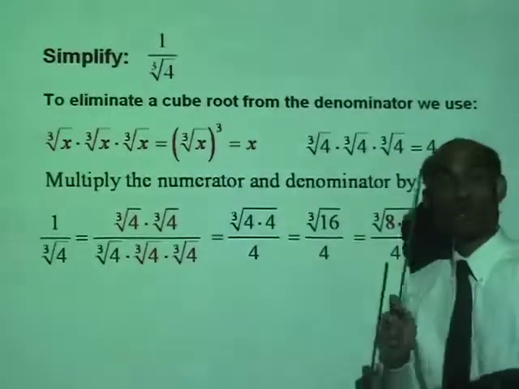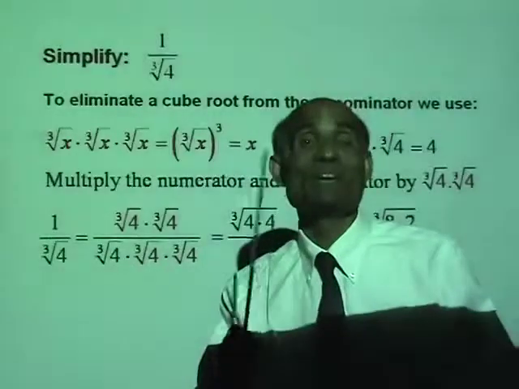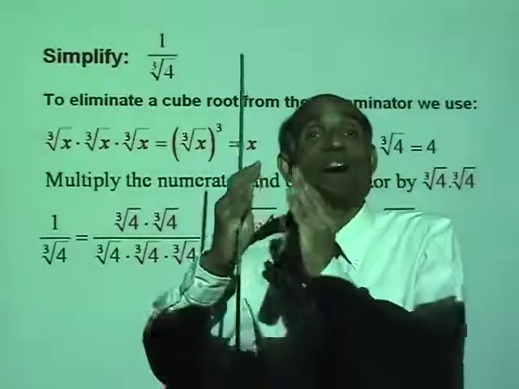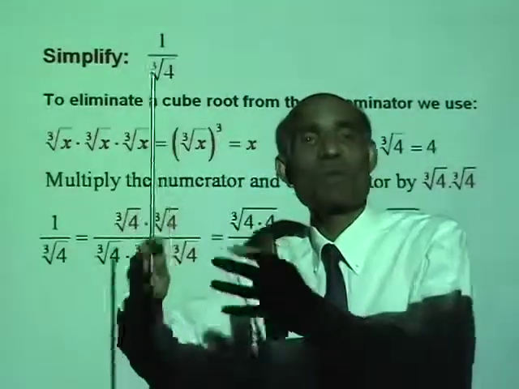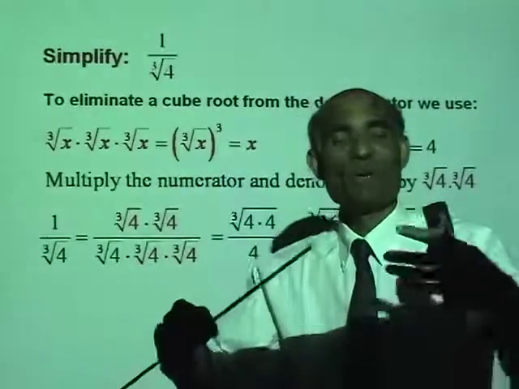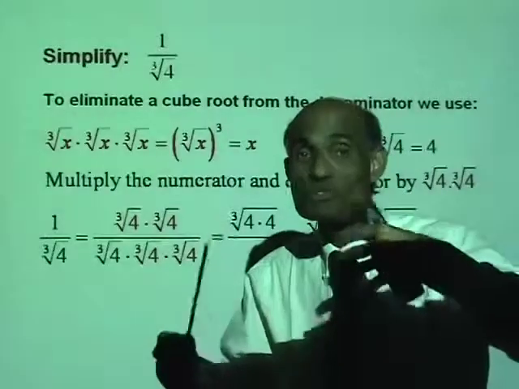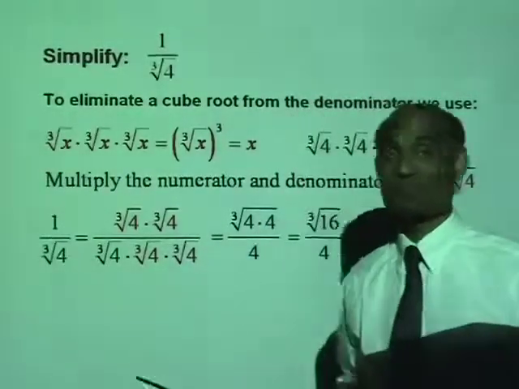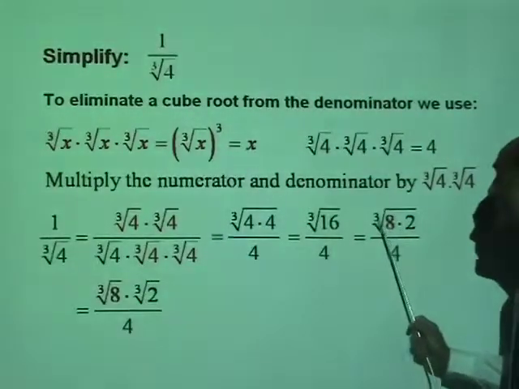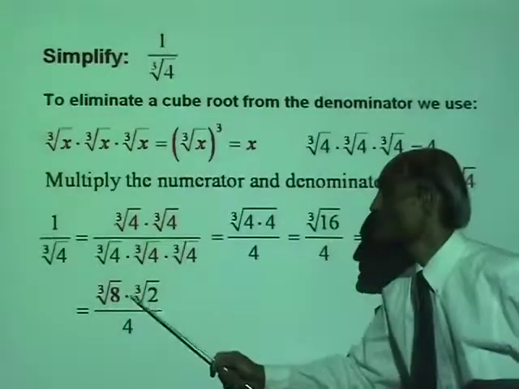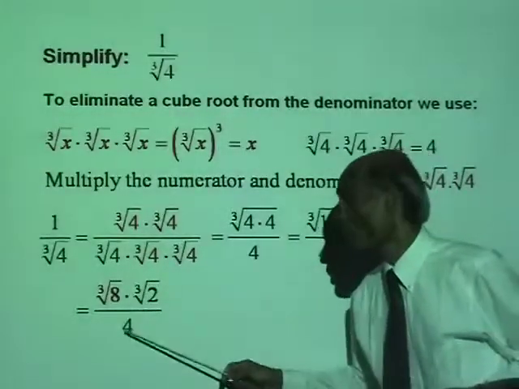In other words, cube root of AB is cube root of A times cube root of B. Now look at the number of times we have been using the product rule and the quotient rule to simplify radical expressions. So write this now as cube root 8 times cube root 2 all over 4.